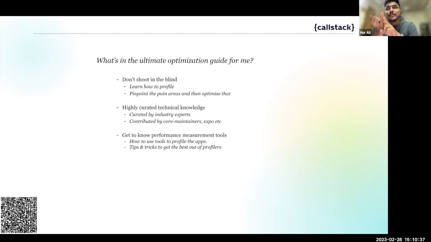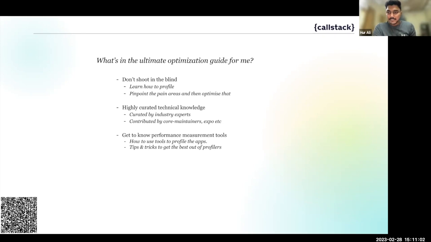First thing is, learn how to profile if you don't know it. And if you know it, pinpoint the areas and then optimize it. You want to optimize only the thing that, for example, the list is lagging because of the memory issues. Then you will be diving deep into that part.